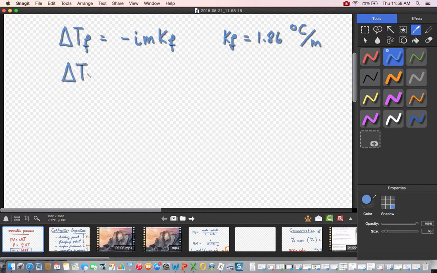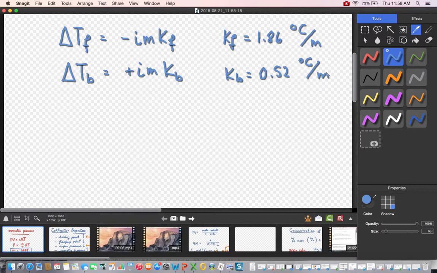Delta Tb equals plus i m Kb. Again, Kb will be a constant for a given solvent. With water, it's 0.52 degrees Celsius per molal. These formulas may or may not be given to you.